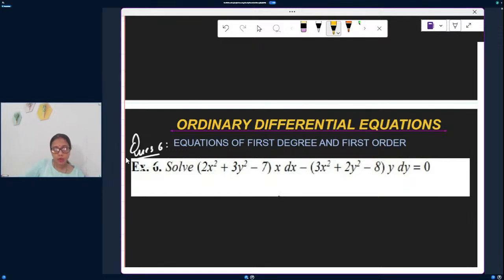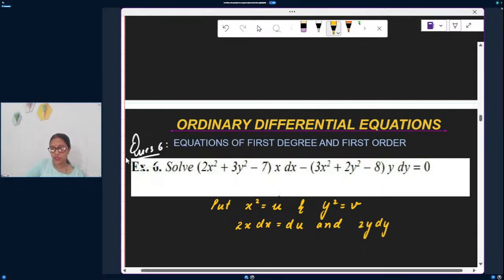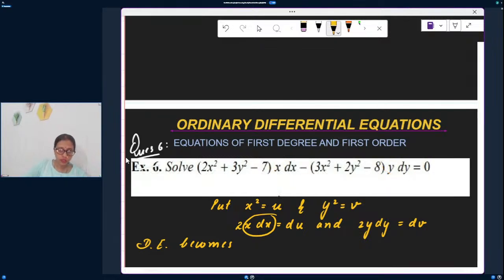What is that? Put x square as u and y square as v. So 2x dx is du and 2y dy is dv. So the differential equation becomes this x dx. Now you can substitute du by 2 here also, dv by 2, and that 2 you can take here in the 0.